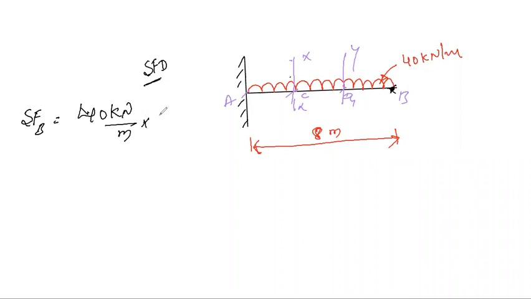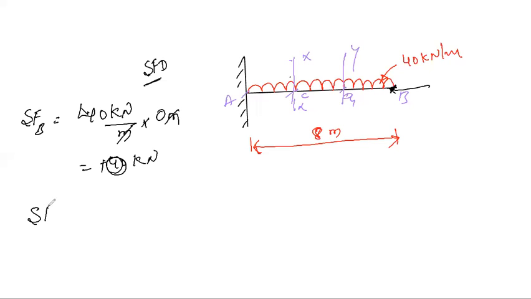So at exactly point B we are calculating, so the distance is 0, and if you multiply with meter, this meter gets cancelled. Okay, 40 into 0 is 0. Here it is 0.